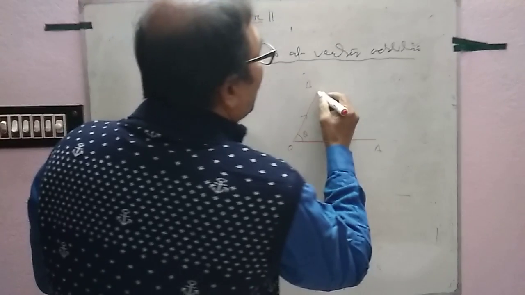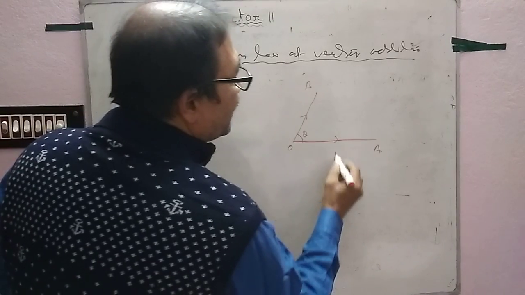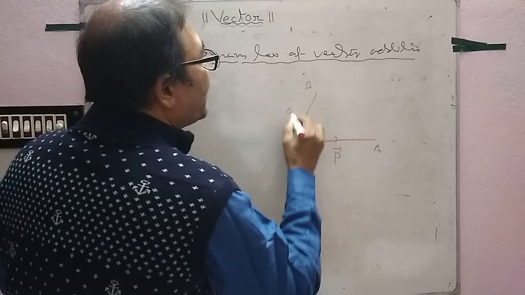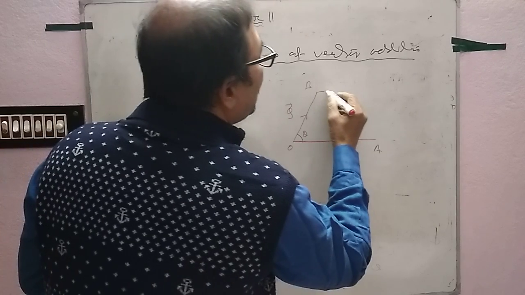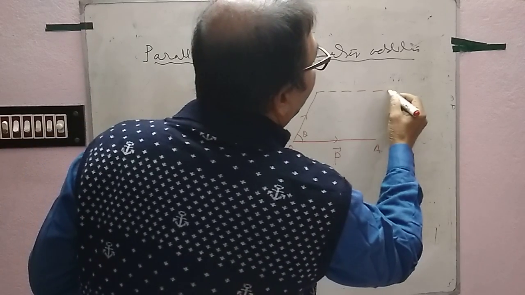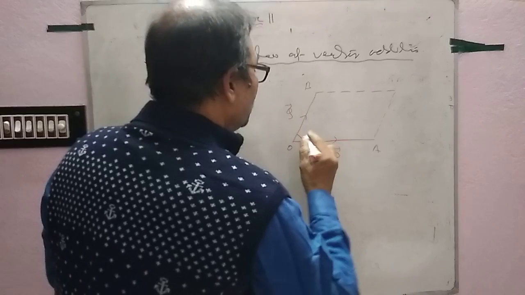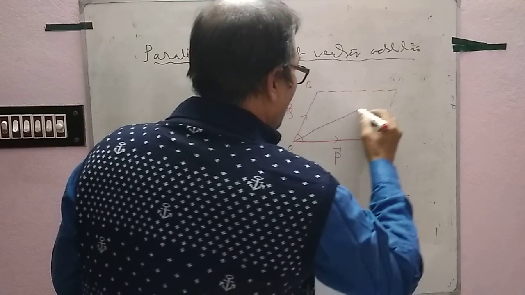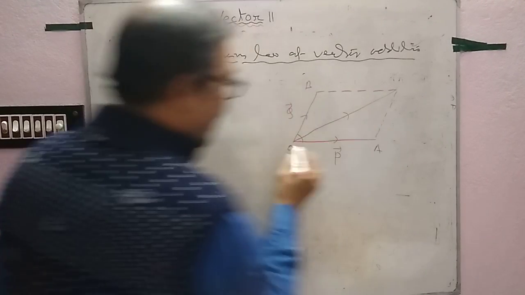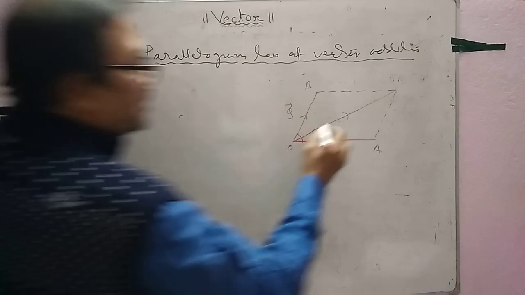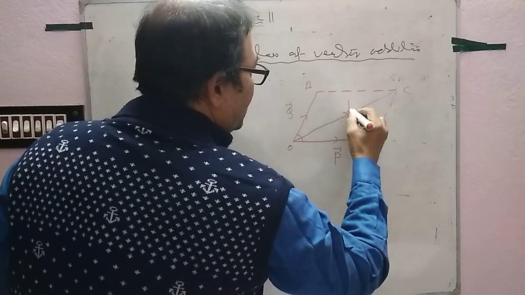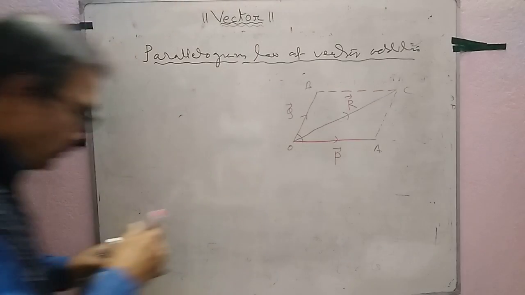We complete the parallelogram, with this vector P and this vector Q. So the diagonal through that point, this is OC, is the resultant vector.